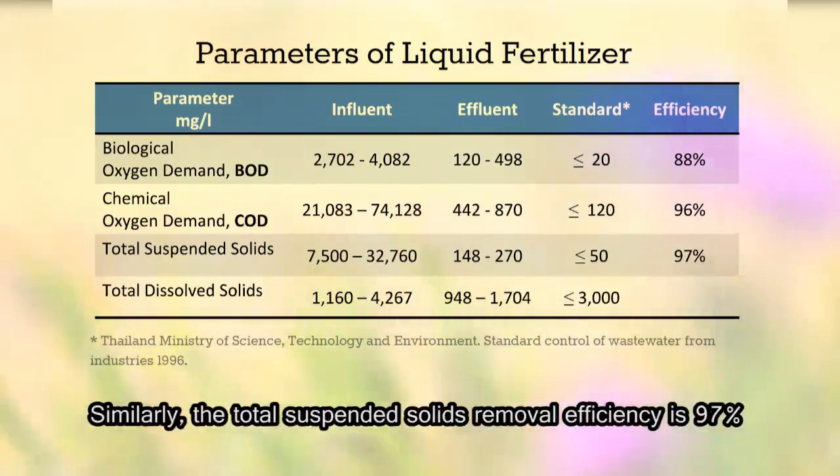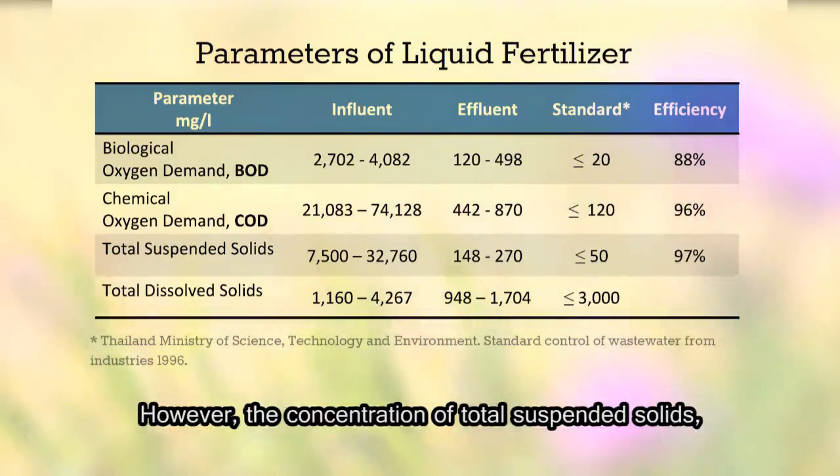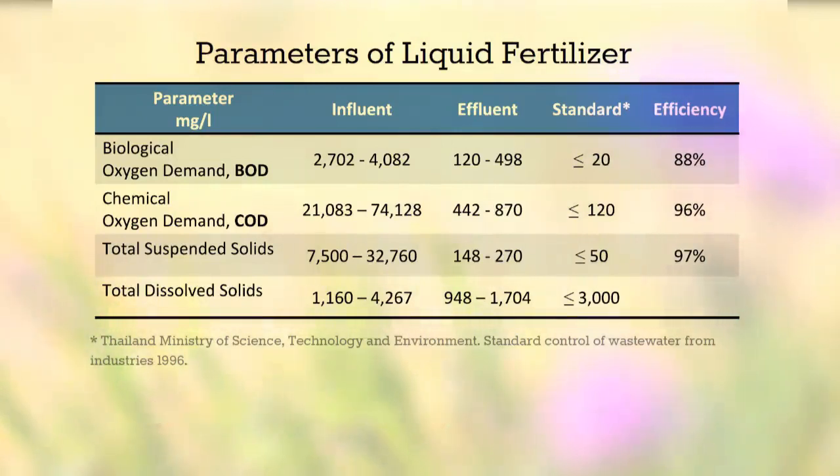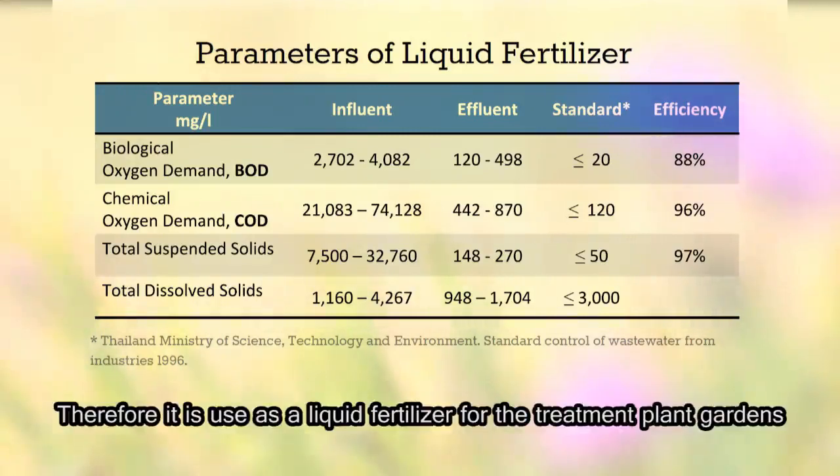Similarly, the total suspended solids removal efficiency is 97%. However, the concentration of total suspended solids, BOD and COD are higher than the permissible limit, not allowing releasing to channels. Therefore, it is used as a liquid fertilizer for treatment plant gardens.